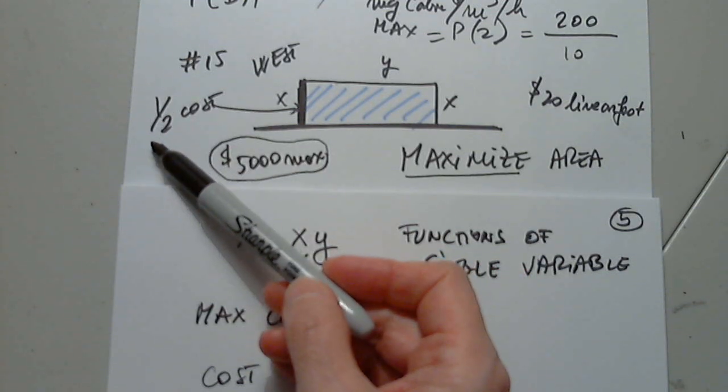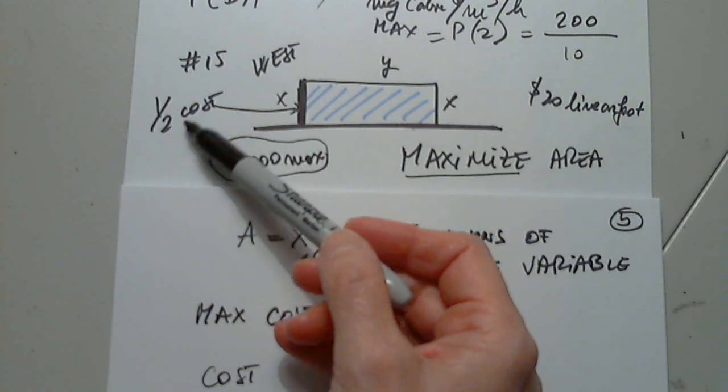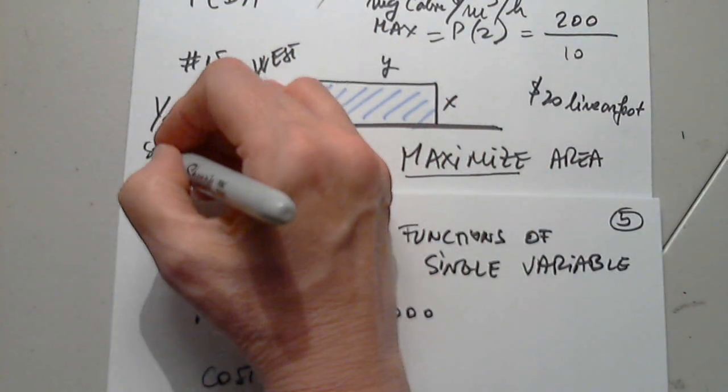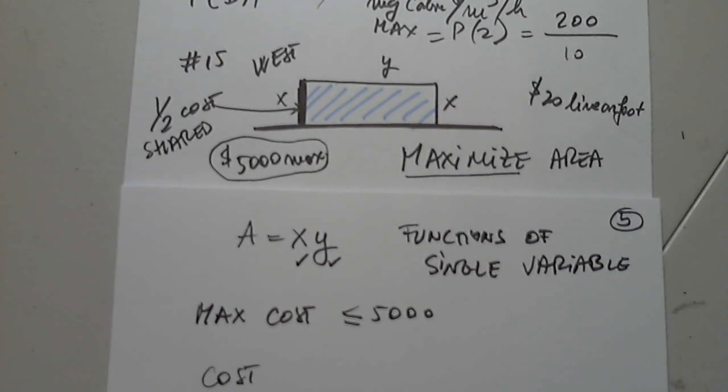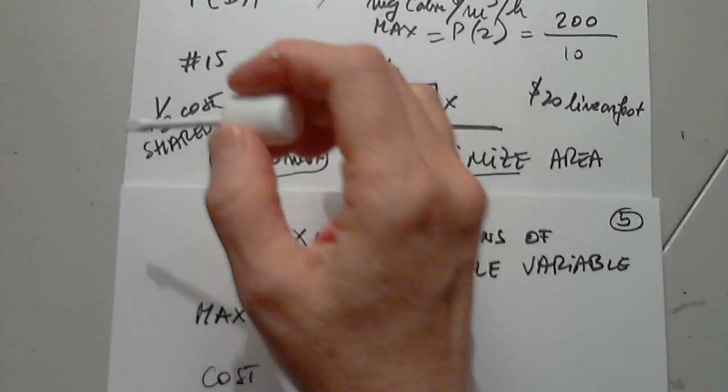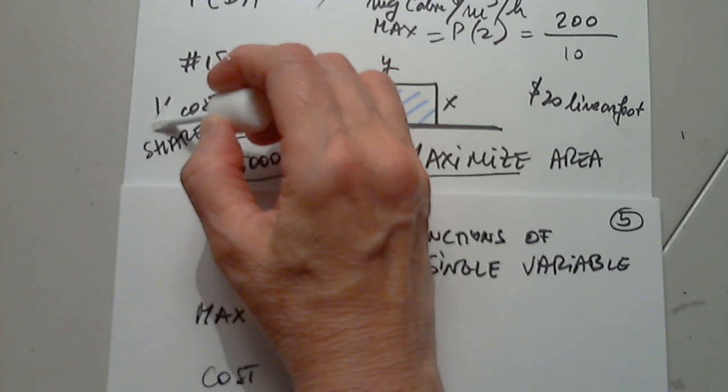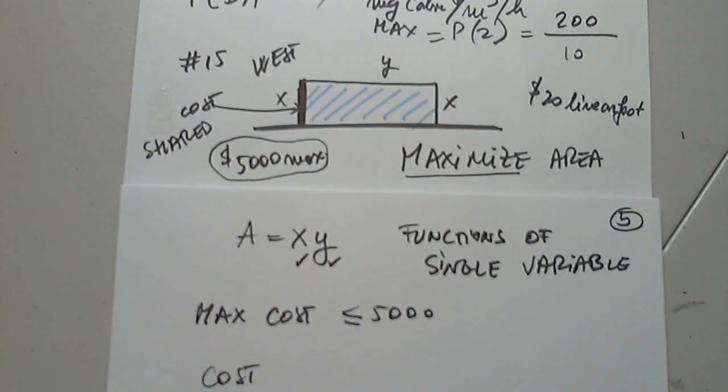So I said half a cost, but it's not really half the cost. It's shared. We don't know if it's going to be a half. We don't know that. So I have to correct that, because initially when I read the first time, I said, oh, okay, so they're making that part 50-50, but no. So he's not willing to pay more than $5,000 maximum.